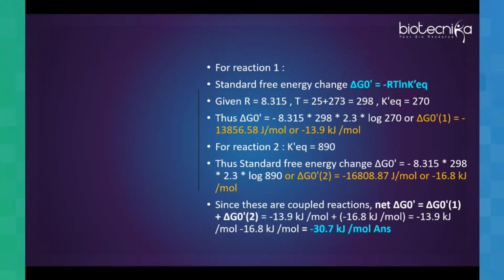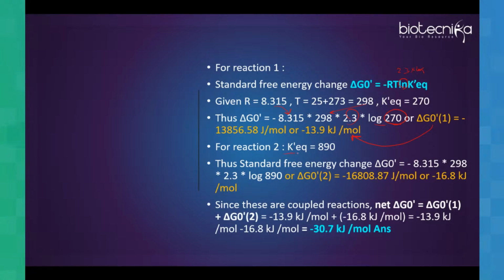You just have to put all this in the formula: R value, temperature 298, and since I said ln is 2.303 into log, 2.303 into log of 270. You have to be very careful in solving such questions. Before putting into the formula, you have to see that everything is in the same unit: kilojoule per mole, and temperature in Kelvin.